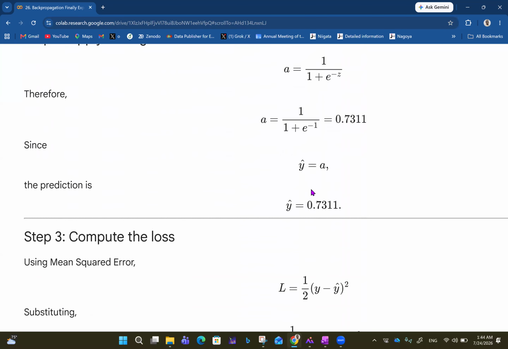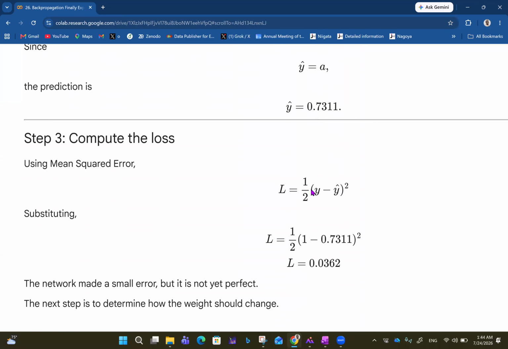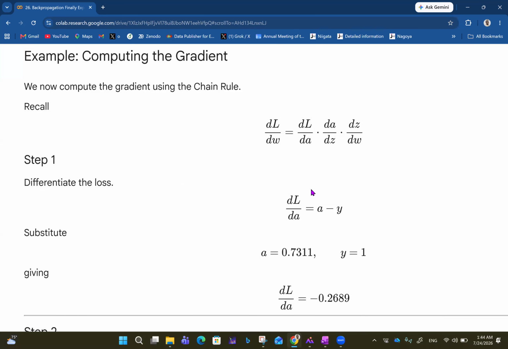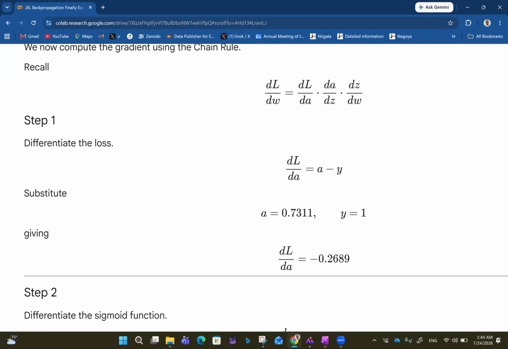So y minus a; if we differentiate this, we get a minus y. So dL/da is a minus y. Substituting a, which is 0.7311, and y equal to 1, dL/da is minus 0.2689.